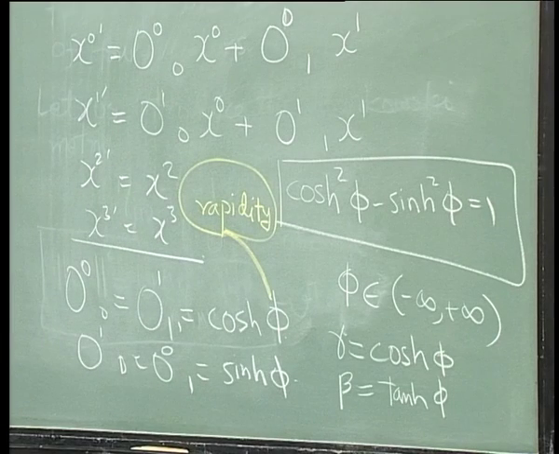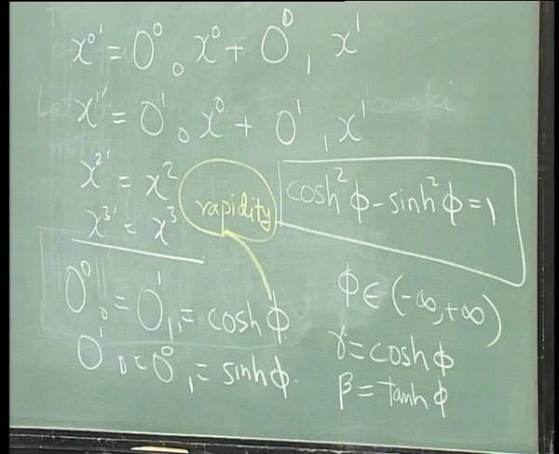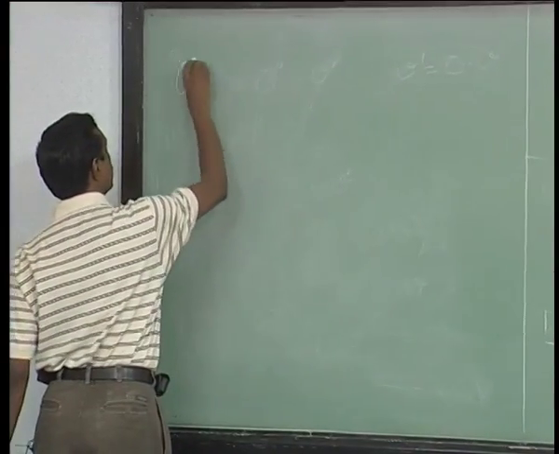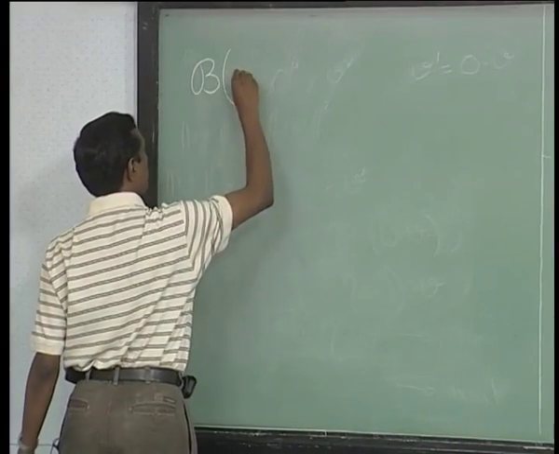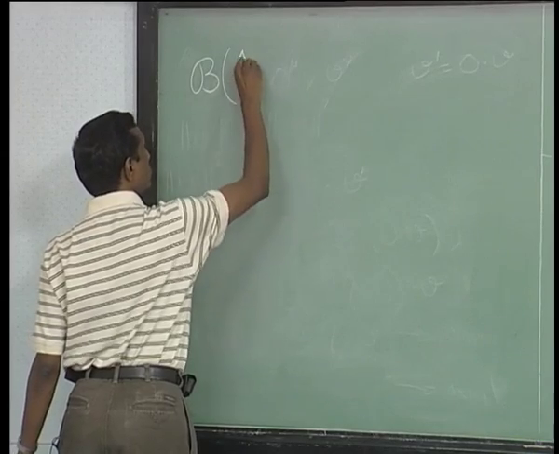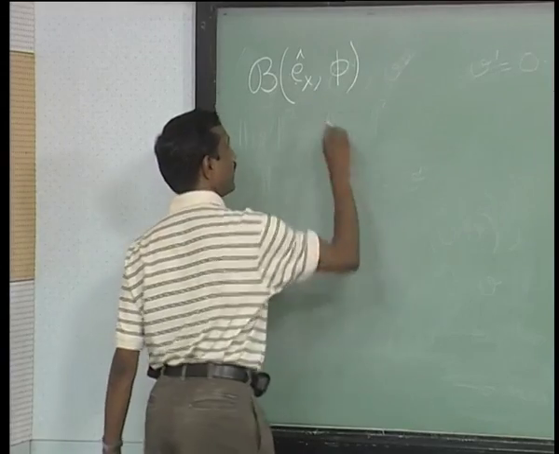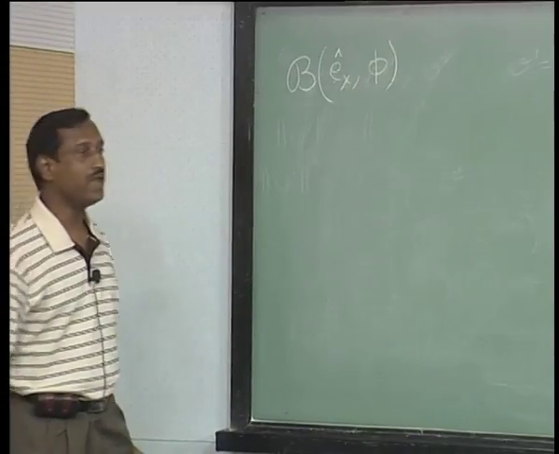So what I will do now is to write this particular matrix out in 4 by 4 form, so that you can see for yourself how it looks. Let me call this matrix a boost in the x direction with rapidity phi.